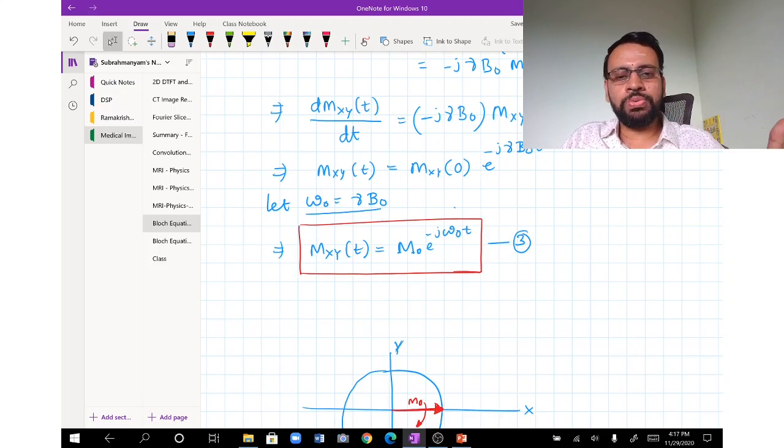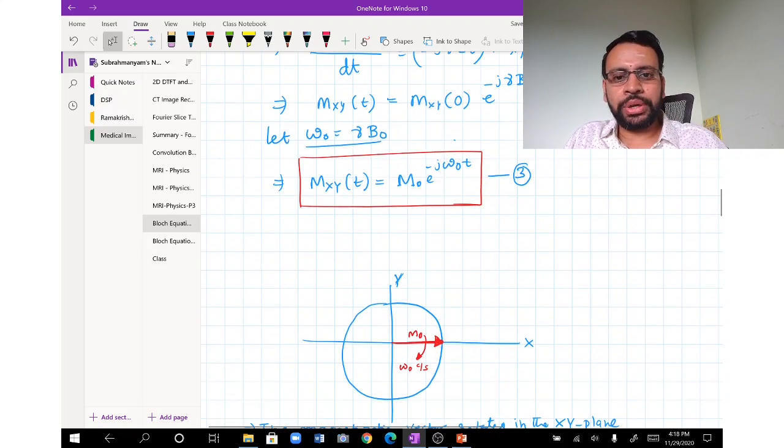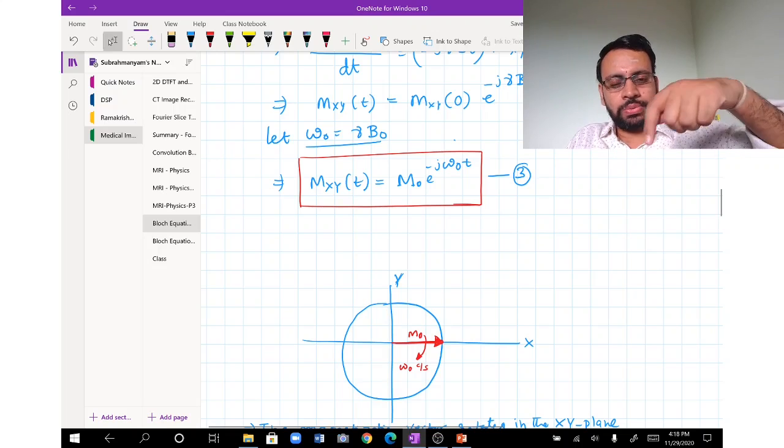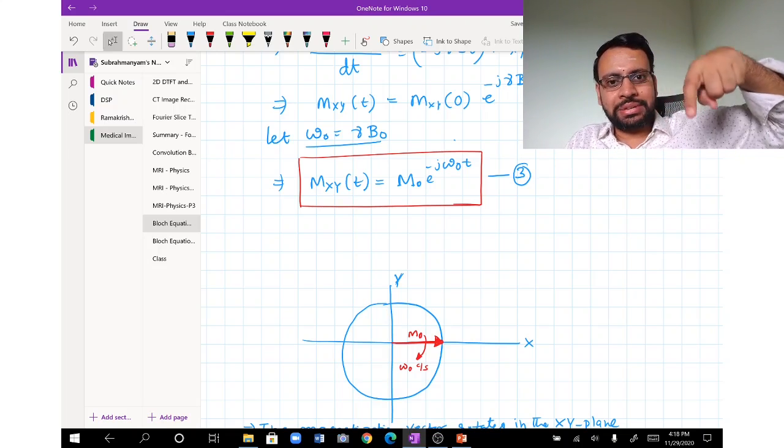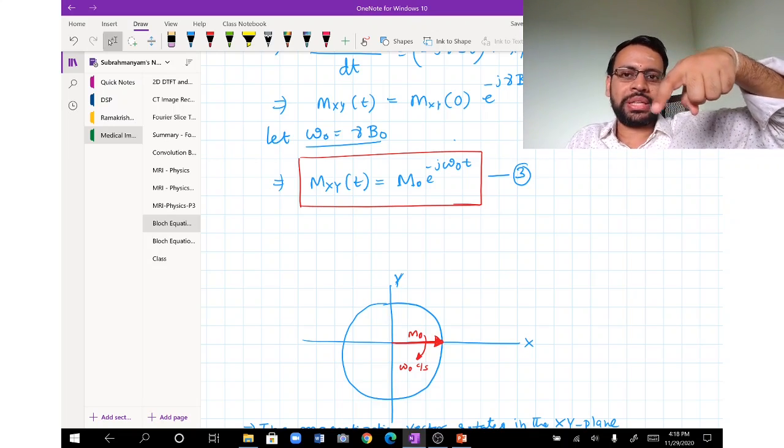What we need to now further include is the transverse relaxation. So as I mentioned earlier, although we are computing the Mxy component, once you have this it is very easy to formulate and represent, because then it is just one vector rotating with the same magnitude M naught in the xy plane.